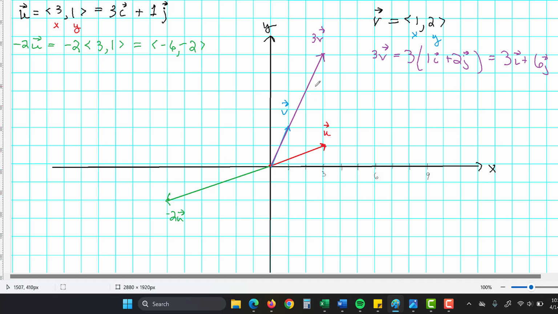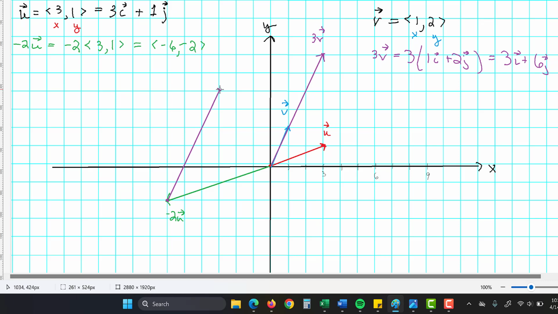So notice that if I want to replicate 3V, I need to basically take a starting position, go over 3 units to the right, and up 6. So I'm going to start here, and I'm going to go over 3 units, 1, 2, 3, and up 6. 1, 2, 3, 4, 5, 6. So I need to end right there.